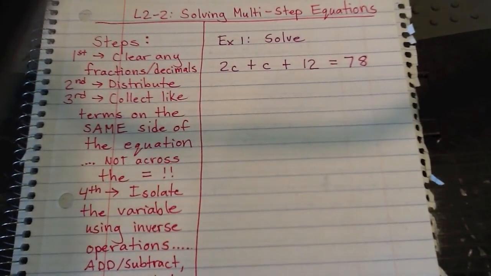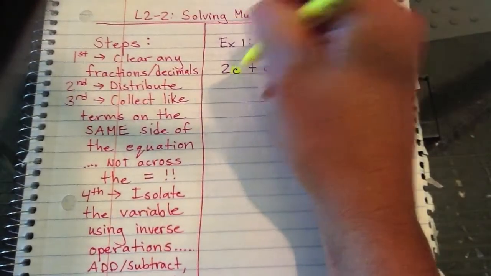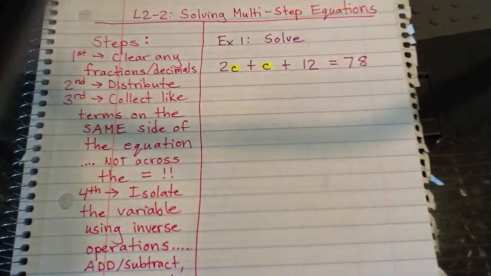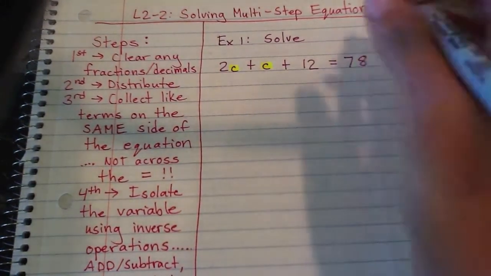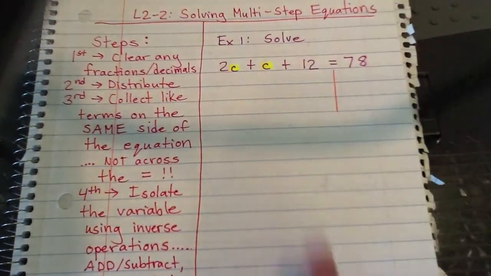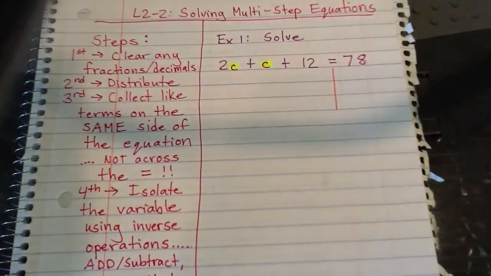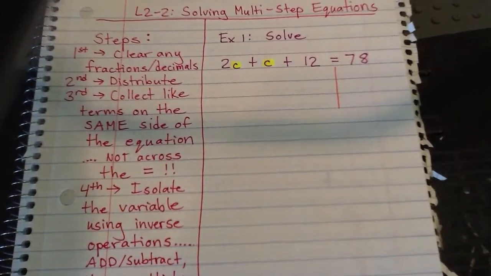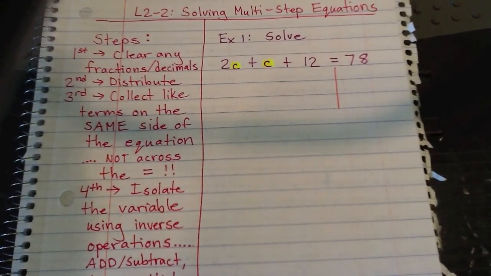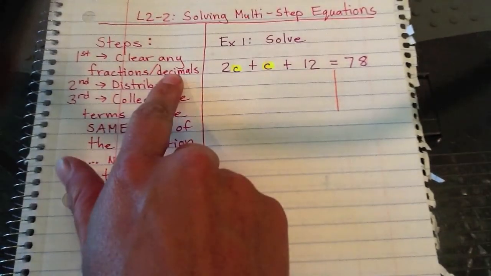Okay, so always look for your variable first. Also think about drawing that line out of the equal sign. So you're only doing inverse operations if you're trying to move across that line. Otherwise, you're just combining things and doing what you would normally do with simplifying. So when I look on this side, I have no fractions or decimals to clear.